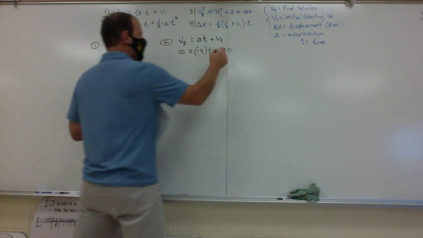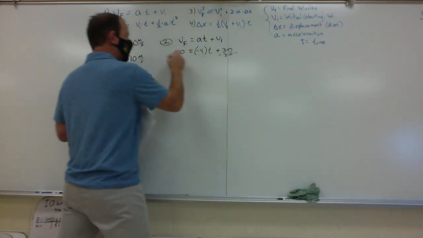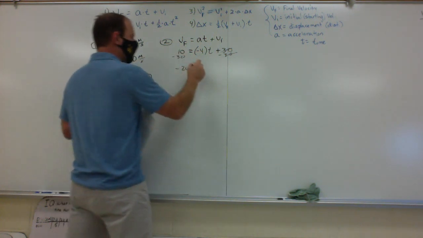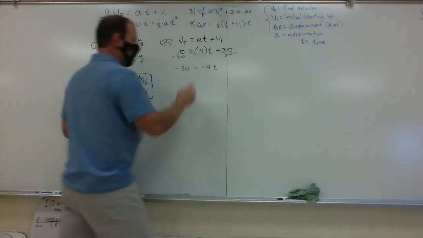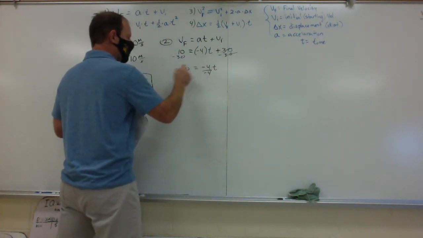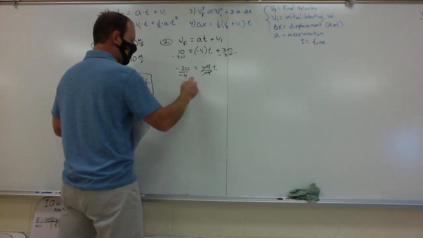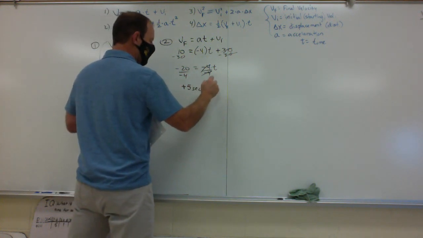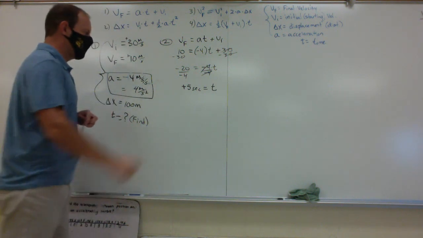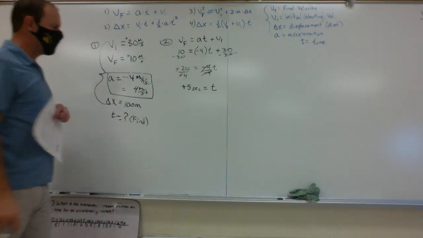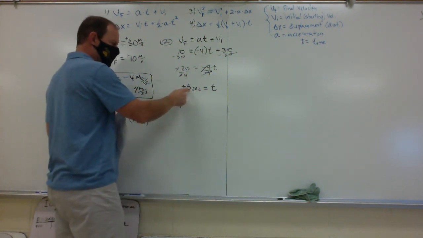So if I do the algebra, take away 30 first, minus 30, it gives me a minus 20 on the left, equals -4 times t. Divide both sides by -4. Those cancel. So this becomes +5, and it's a time. So seconds should be the unit. Notice how the 2 signs cancel each other out. The 2 negatives cancel each other out to leave us with positive.